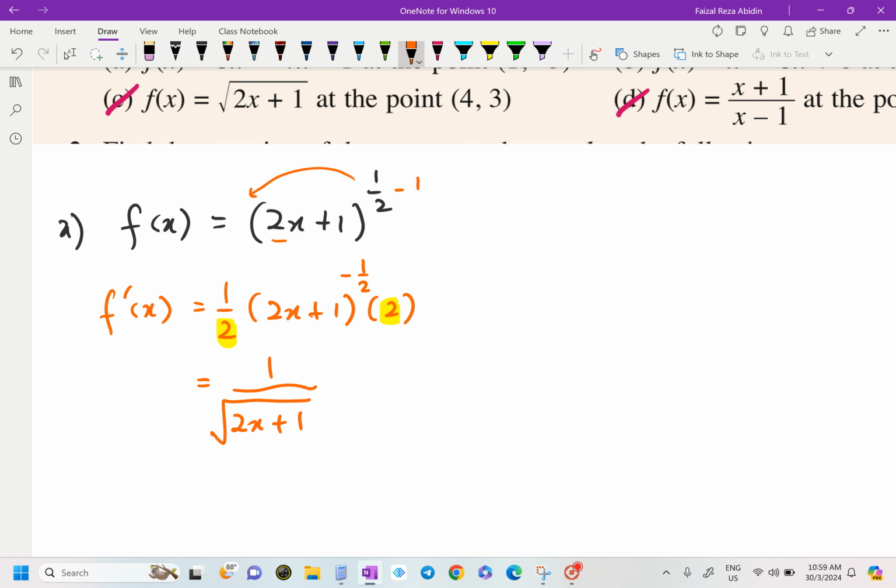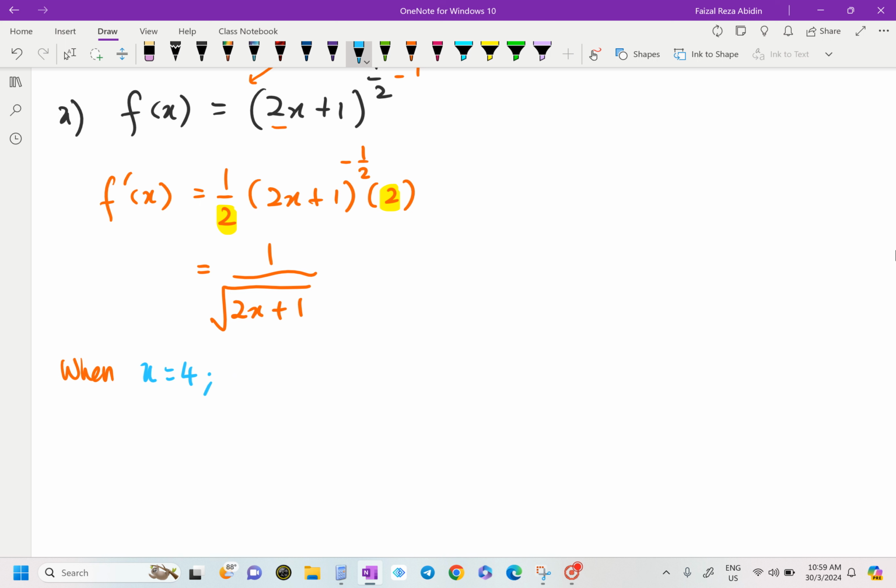So it's given to us that x here is 4. What should you do over here? I'm going to substitute. When x equals 4, I substitute into the first differentiation we have over here.